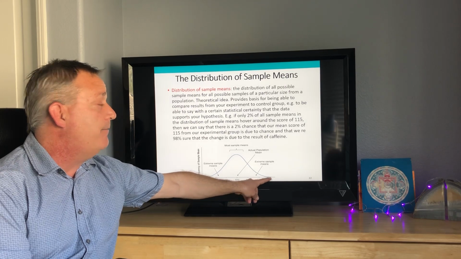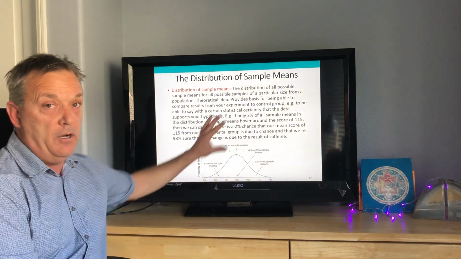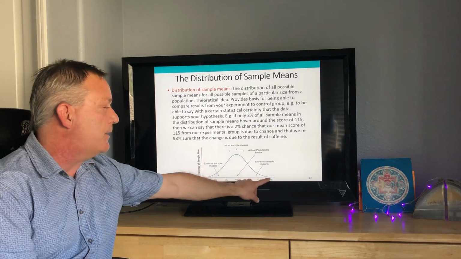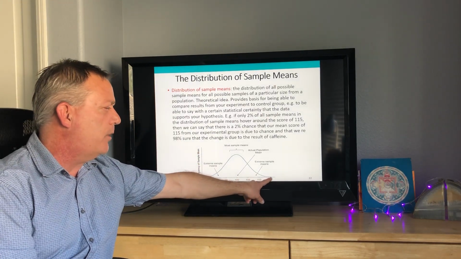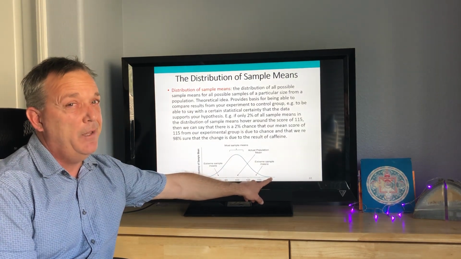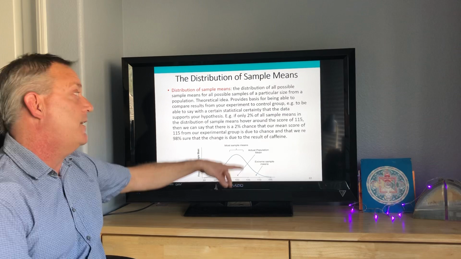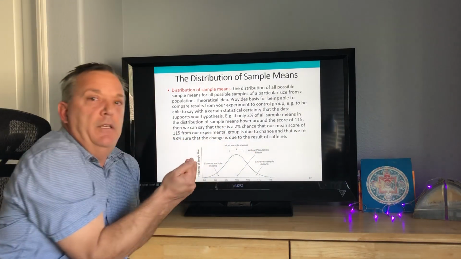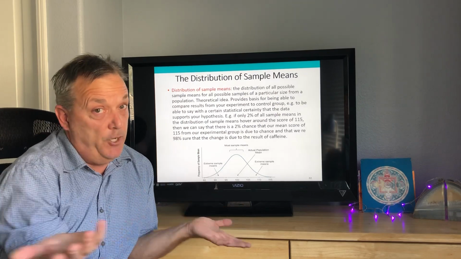So as you can see, very small instances in the distribution of sample means. But using inferential statistics, what we're going to say is if we get the score of 115, there's a 2% chance that that was due to what? Error. So we can then say with 98% surety that the caffeine is doing something to help with memory, right?